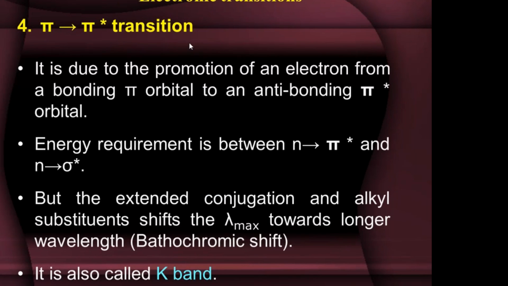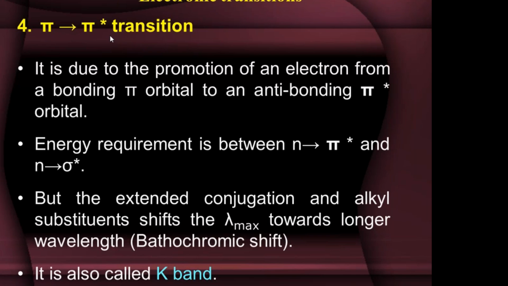And the last one is the pi to pi star transition. It is due to the promotion of an electron from a bonding pi orbital to an anti-bonding pi star orbital. Energy requirement is between n to pi star and n to sigma star. So the energy involved will be in between these two. But the extended conjugation and alkyl substituents shift the lambda max towards longer wavelength.